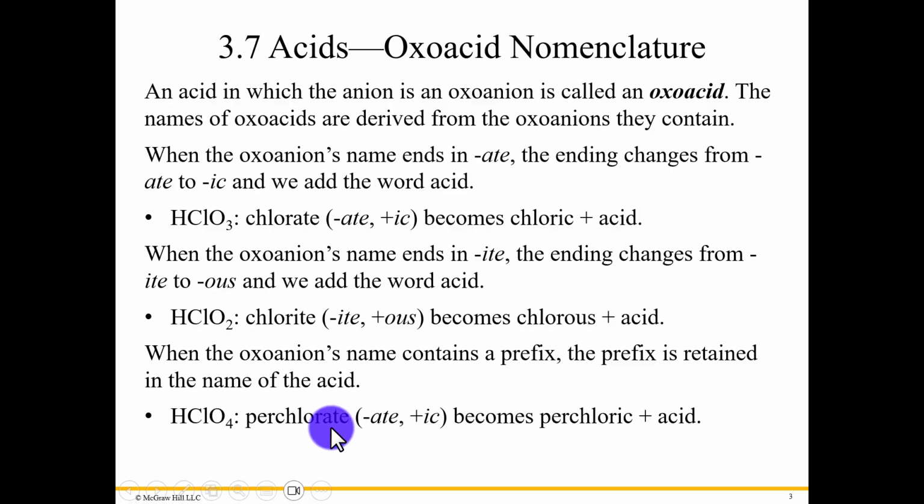It ends in ate, so we drop the ate, we add the ic, but note that we keep the per in front of the name of the acid. So perchloric acid. These are the rules on how we name acids that contain oxoanions, or oxoacids.